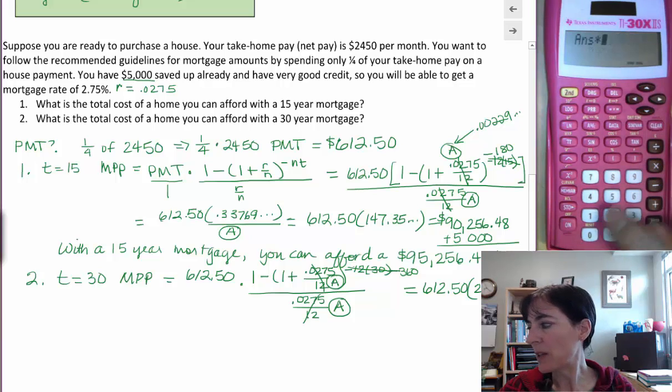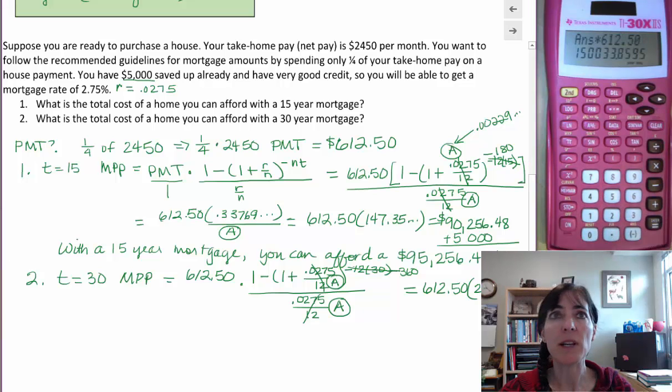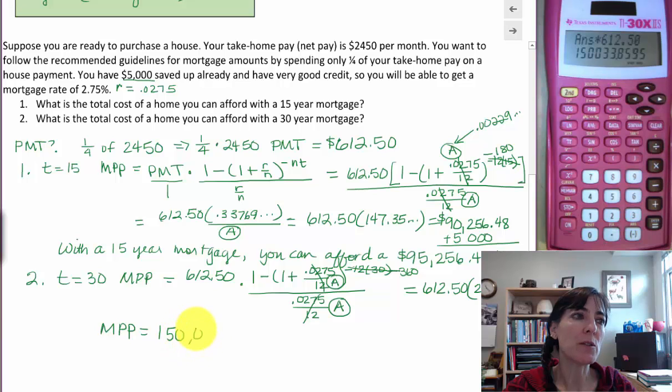When we take that times 612.50, we get a maximum purchase price of $150,033.86, and then add on that 5,000 that you have saved, and now we can afford a home that's $155,033.86.